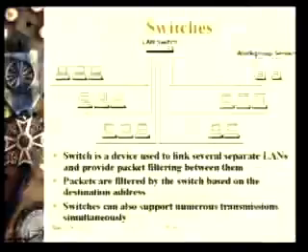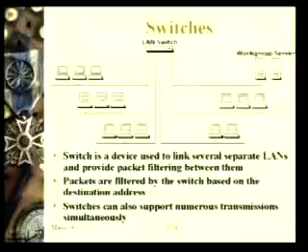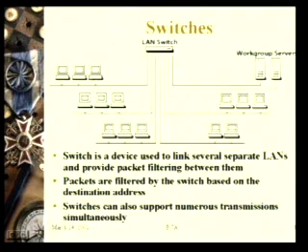The next thing is called switches. Switches are a much faster version of hubs and they communicate between various different segments of a network. A switch is a device used to link several separate LANs and provide packet filtering between them. So packets meant for a particular network will be filtered for that network, and not all the information will be broadcast.